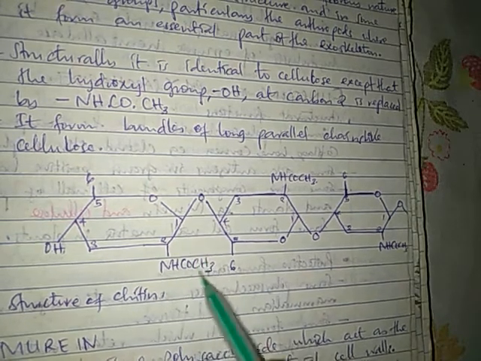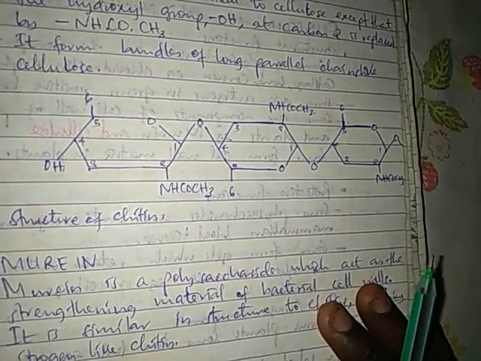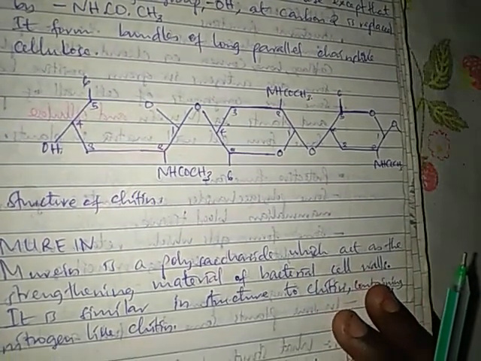What you should know is that the hydroxyl group at carbon atom 2 is replaced by that group. And as you can see here, this group is here and this group is here, indicating the replacement of the hydroxyl group at carbon atom 2. So as we have seen, its function is to act as the structural carbohydrate in fungi and in some insects' exoskeleton. Let's jump to murein.